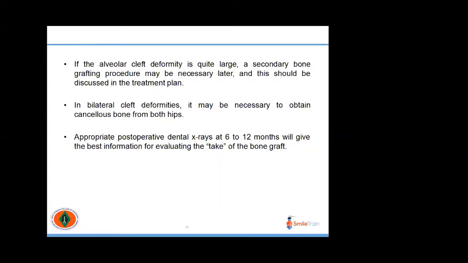But if the alveolar cleft is not wide on both sides, and we believe that the soft tissue around the prolabium is good enough to maintain the blood supply, and we could have enough cancellous bone from one hip, because I try not to use both legs. There's nothing wrong in using them, but I try to use one.